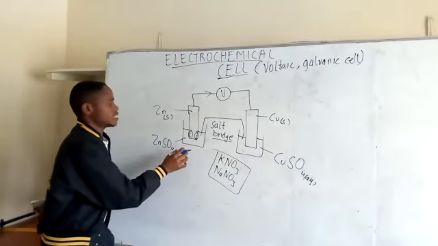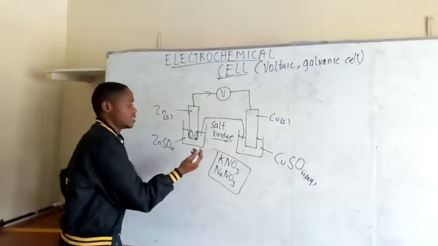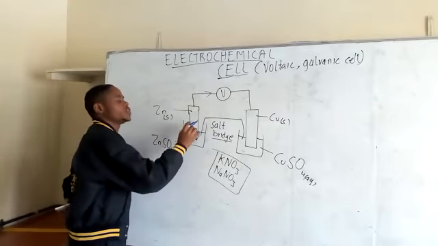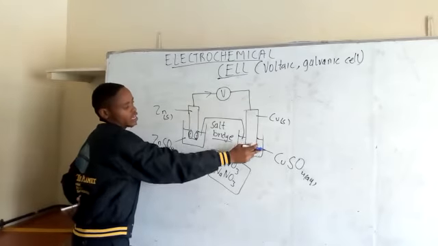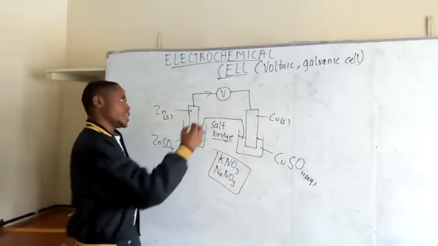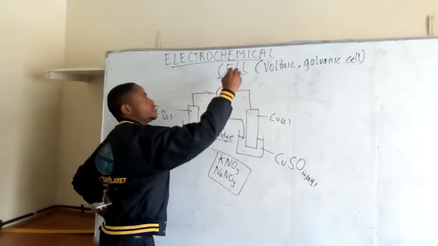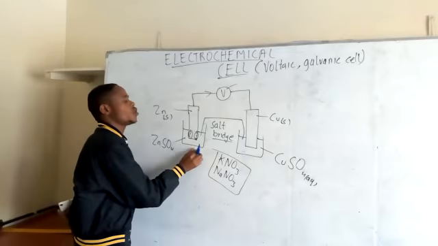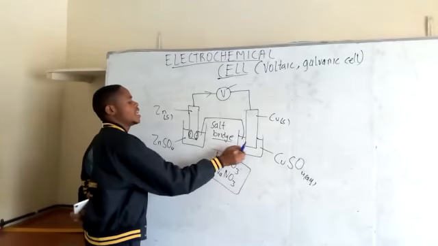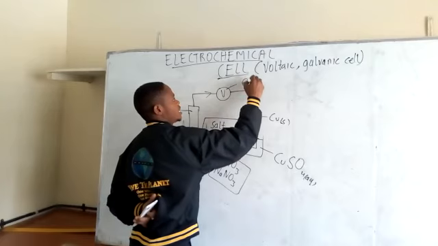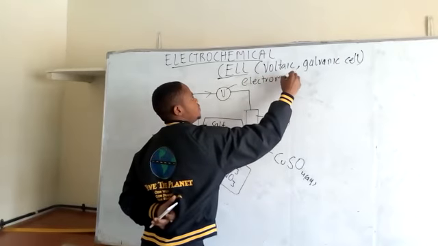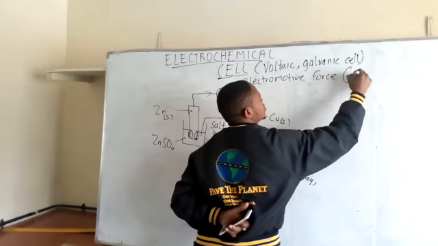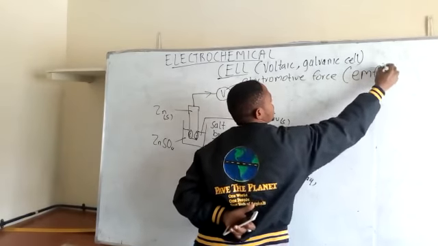This is just an example: if zinc has the highest concentration, the electrons will flow from zinc to the copper. And as that happens, our voltmeter here will record for us the difference in the electrode potential of the two half cells, a measure which is known as the electromotive force, always denoted as the EMF.